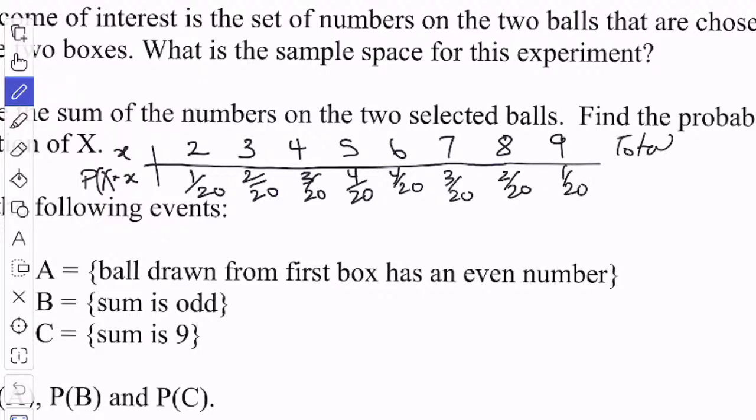And the total is 20 out of 20, or 1. So that is the probability distribution. Questions?